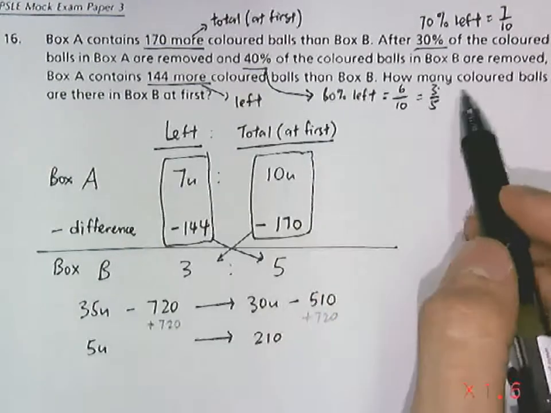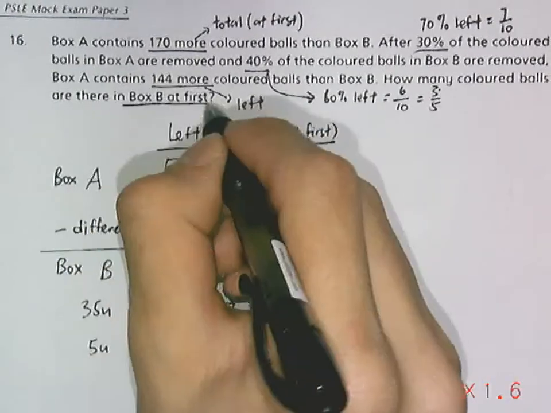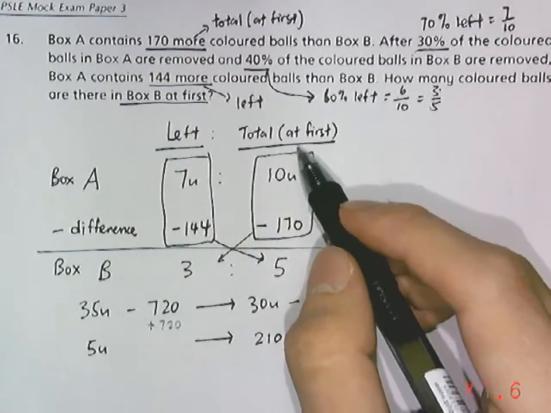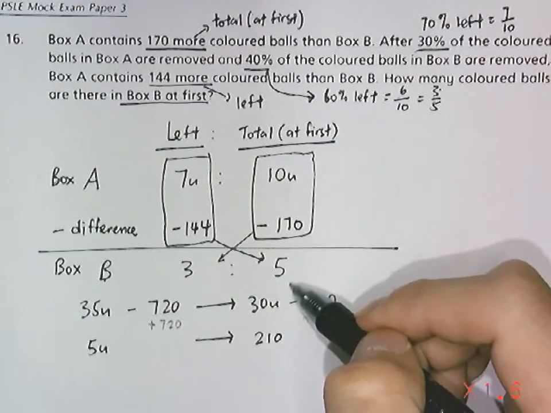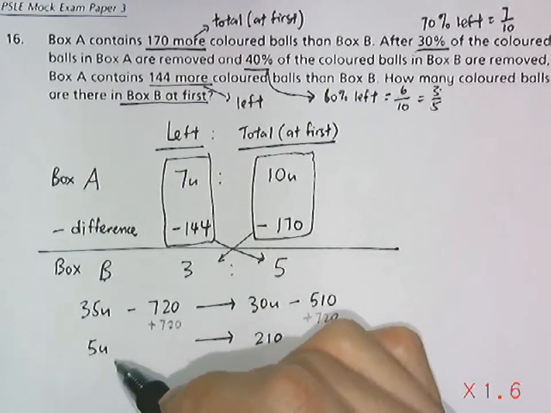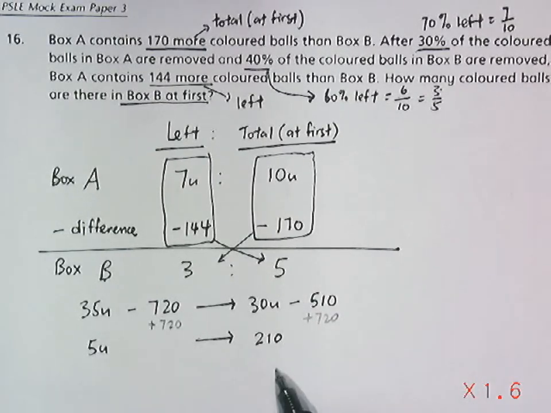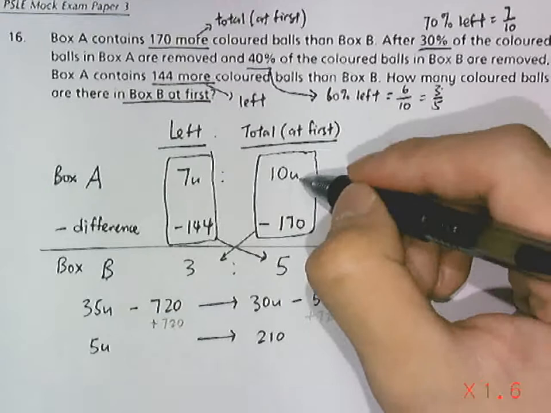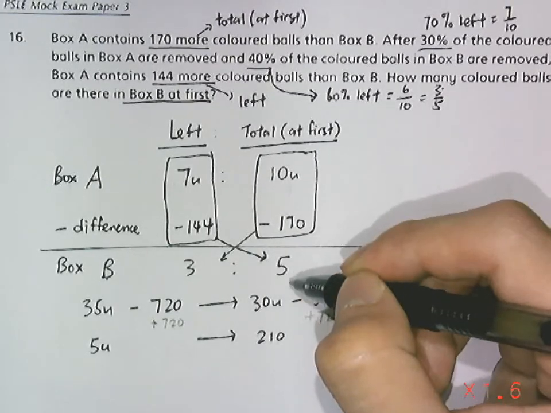The question asks how many colored balls are there in box B at first. So that means the total of B, represented by these 5 portions here. It's not written in units, so do not assume that this 5 units is correct, so 210 is not the answer. Find 10 units first, minus 170, and you can get these 5 portions.